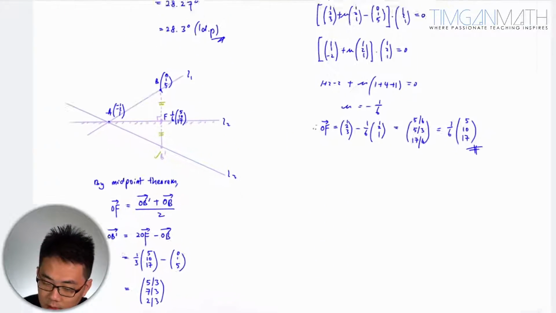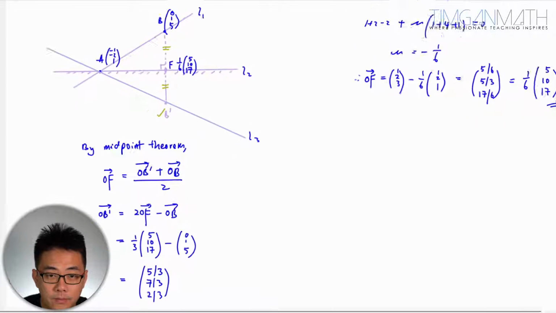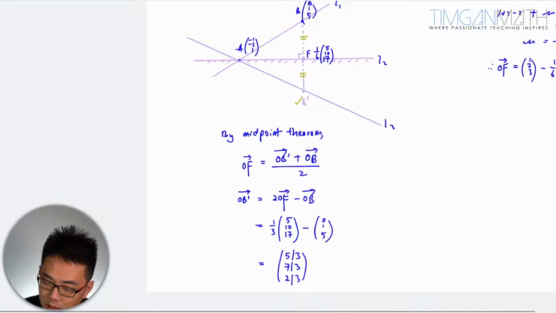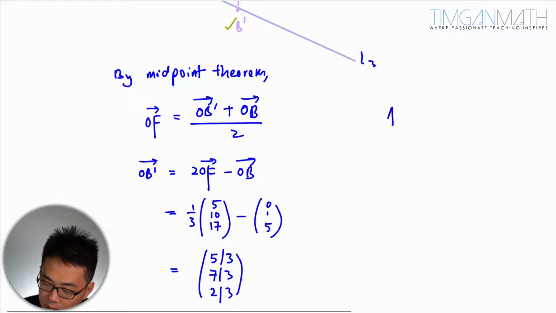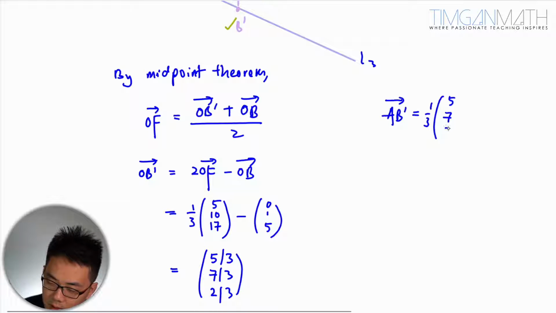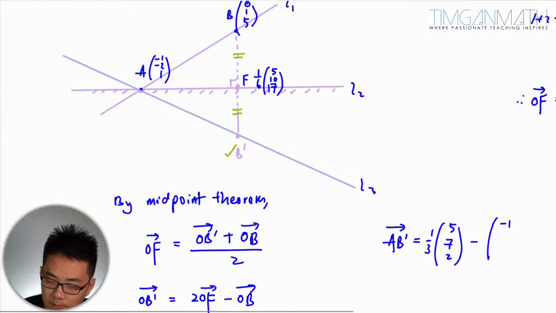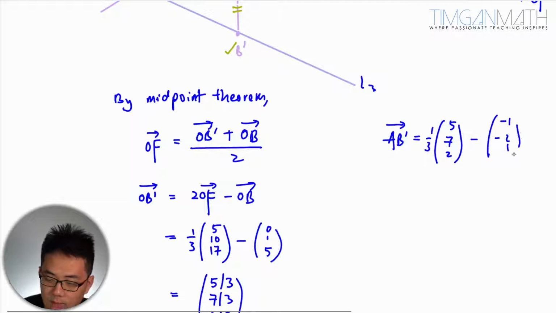So for line L3, we need to find the direction AB prime first. That is OB prime minus OA, which is 1/3 of 5, 7, 10, minus -1, -2, 1.